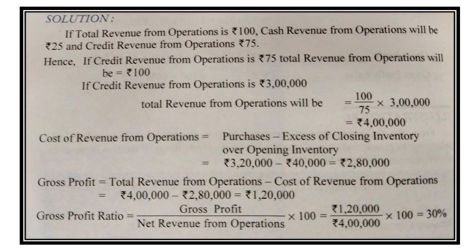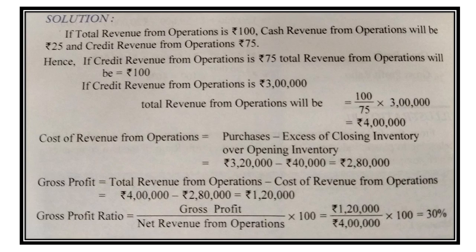If total revenue from operations is rupees 100, cash revenue from operations will be rupees 25 and credit revenue from operations will be 75. Now see, the total revenue is 100, in which we have assumed that cash revenue from cash sales is rupees 25 and credit sales are rupees 75, because 25% of the total revenue from operations is to be taken as cash revenue.